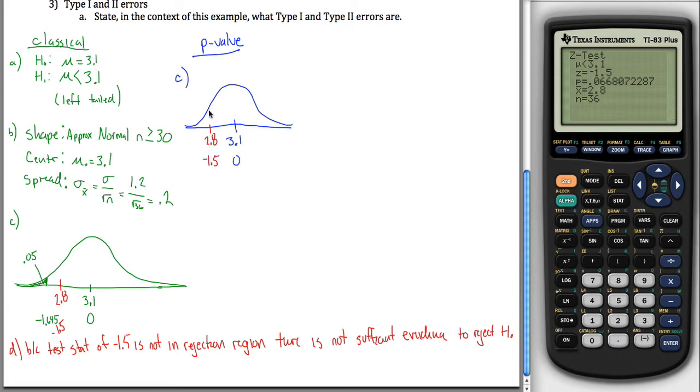So what I get is that my test statistic is right here. And if my test statistic's right there, I can figure out the area to the left of my test statistic, because this is a left-tailed test. And that area, this shaded red area right here, is called my p-value. And in this case, the p-value is equal to 0.067.